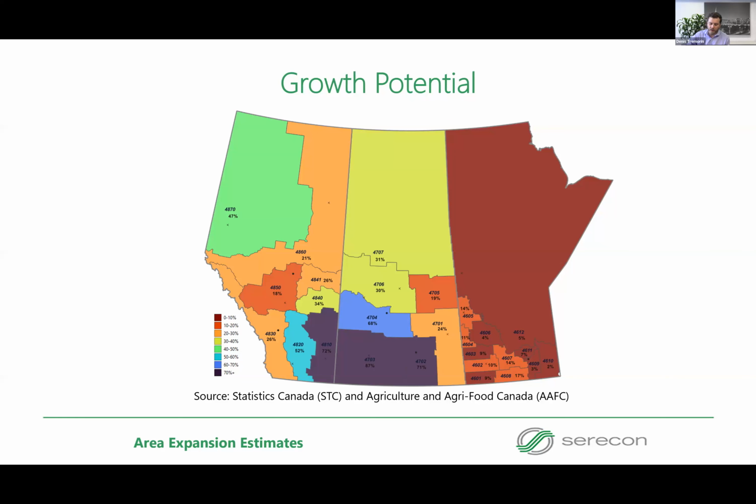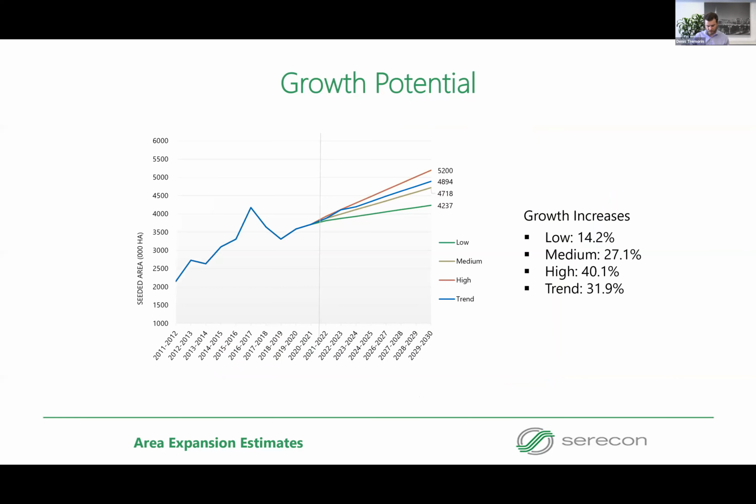We know that area, especially in Saskatchewan and Alberta, is typically very canola centric. It's canola and cereals, and there's potential to grow pulses in that region if they can be competitive in the production system. So we did some growth estimates to see what would happen if we continued our growth trajectory, or if it went a little bit lower, or if it went higher.